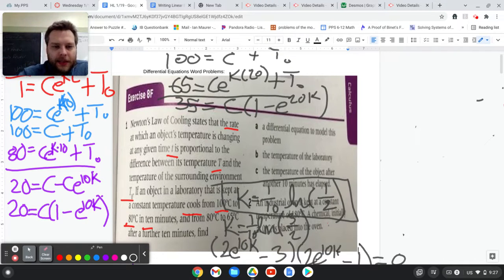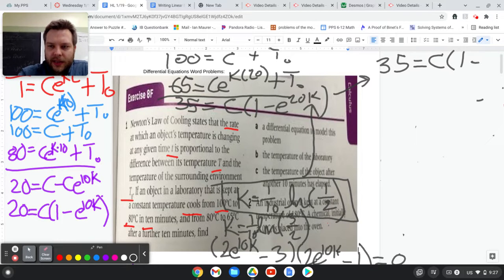Okay, so using that, we know that we can substitute it in to any of these equations that has a k. We'll substitute it in right there. And so that leads me to have 35 equals c times 1 minus, and if I go e to the 20 times a 10th, I get 2 ln of a half.